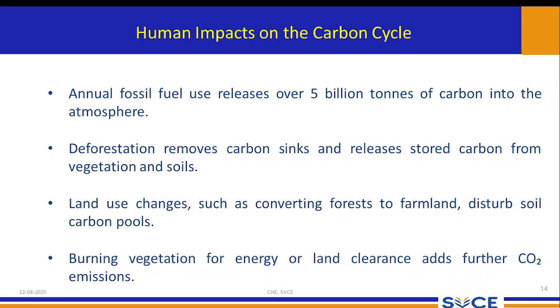So deforestation not only stops plants converting carbon dioxide into oxygen, it also removes the carbon sink and releases the stored carbon present in the plants. It is affected both ways. Hope you understood. Because plantation is not being done, it is not only not converting carbon dioxide into oxygen, at the same time it has started to release the carbon present in the plants.